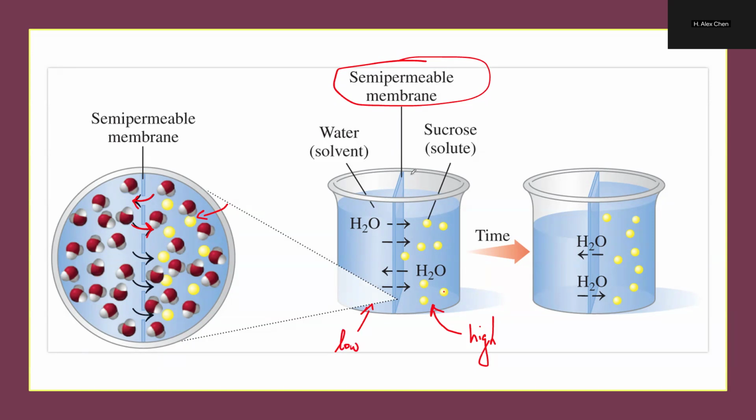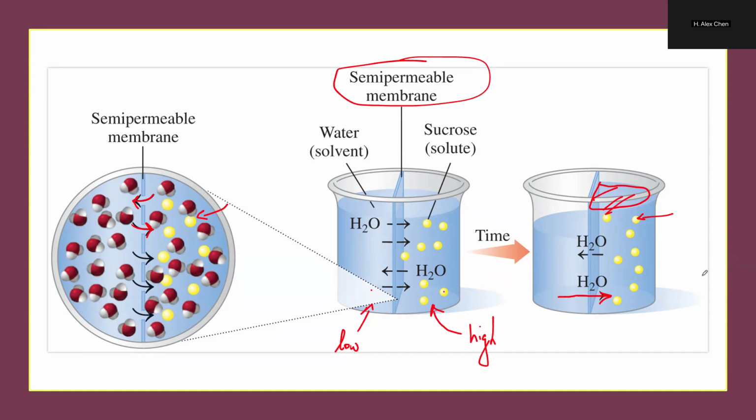Over time, if you put a semi-permeable membrane in the center, the water molecules from the left side of the solution will start migrating to the right side of the solution, but the solute particles will stay, in an attempt to equilibrate amongst themselves. So over time, the water level of the solution on the right will increase.